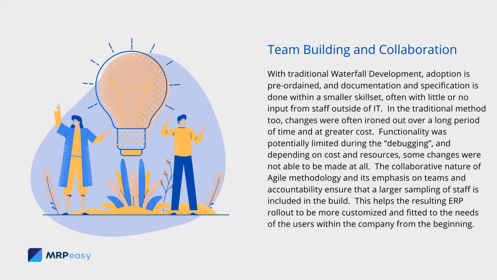Functionality was potentially limited during the debugging, and depending on cost and resources, some changes were not able to be made at all. The collaborative nature of Agile methodology and its emphasis on teams and accountability ensure that a larger sampling of staff is included in the build. This helps the resulting ERP rollout to be more customized and fitted to the needs of the users within the company from the beginning.